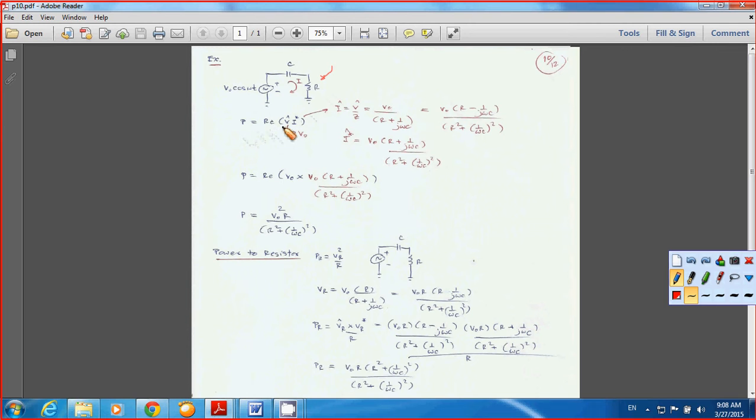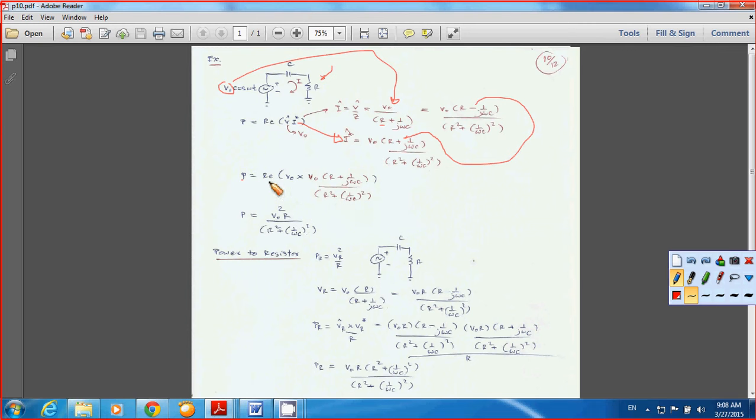Let's start with P equal to the real part of V multiplied by the complex conjugate of the current. You know I equals V over Z, where the amplitude of your input signal is V0, divided by the total impedance, R plus 1 over j omega C. You rearrange the term, and you pick up the I complex conjugate, so you simply change the sign from negative to positive. Then you calculate P as the real part of V0 multiplied by R plus 1 over j omega C, divided by R squared plus 1 over omega C squared.